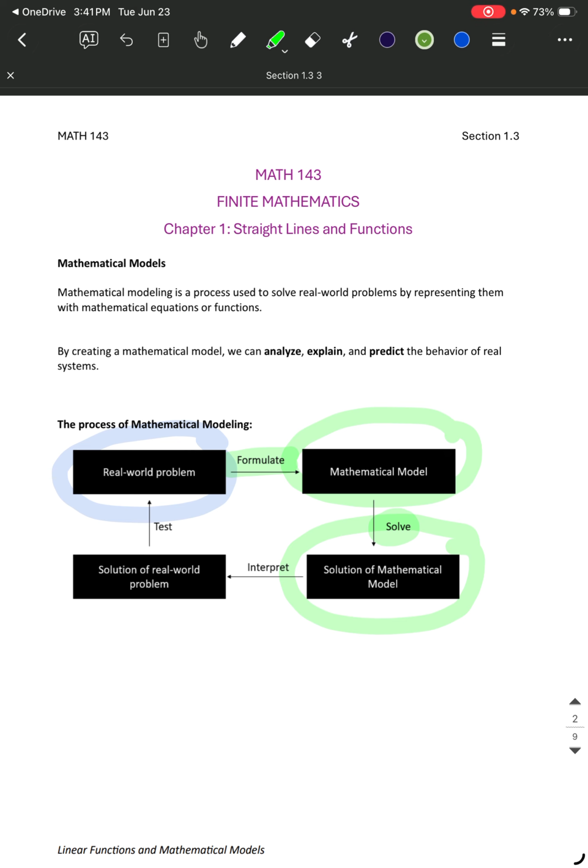So after that, we interpret the mathematical solution. Finally, we test whether the solution makes sense in the real world situation. If necessary, we revise the model and repeat the process.